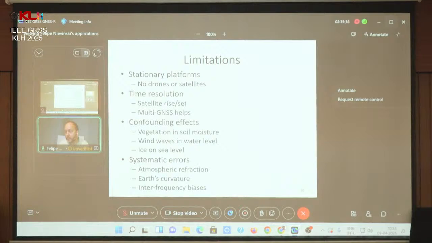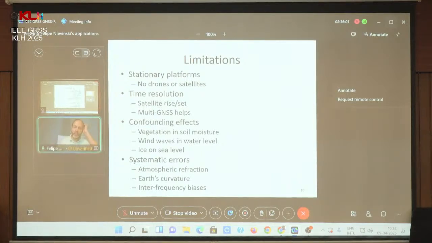Now, limitations. It works on a station platform. You get a time series at that point only. So no drones or satellites. There has been some limited demonstration from drones at low altitude, but the analysis is much more complicated.